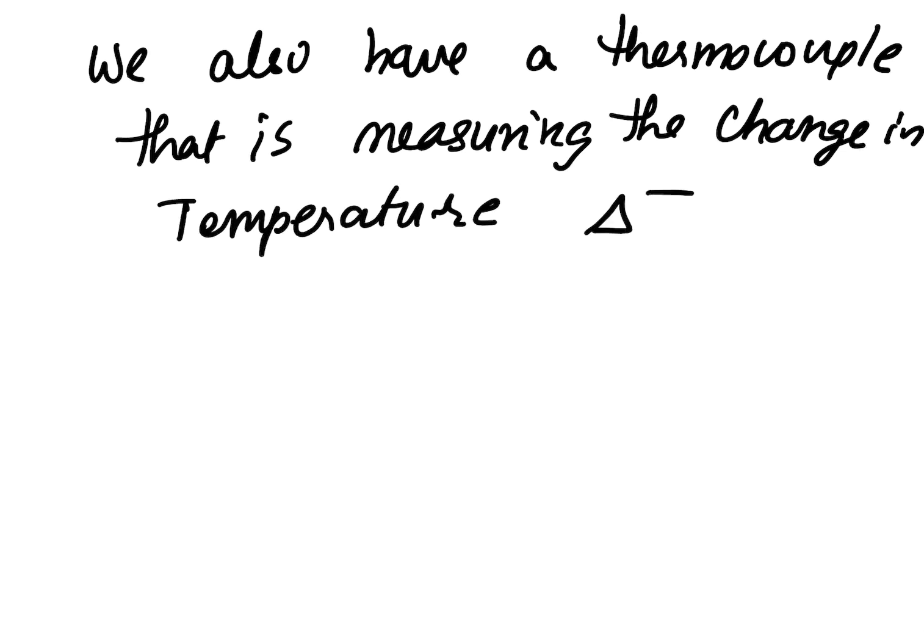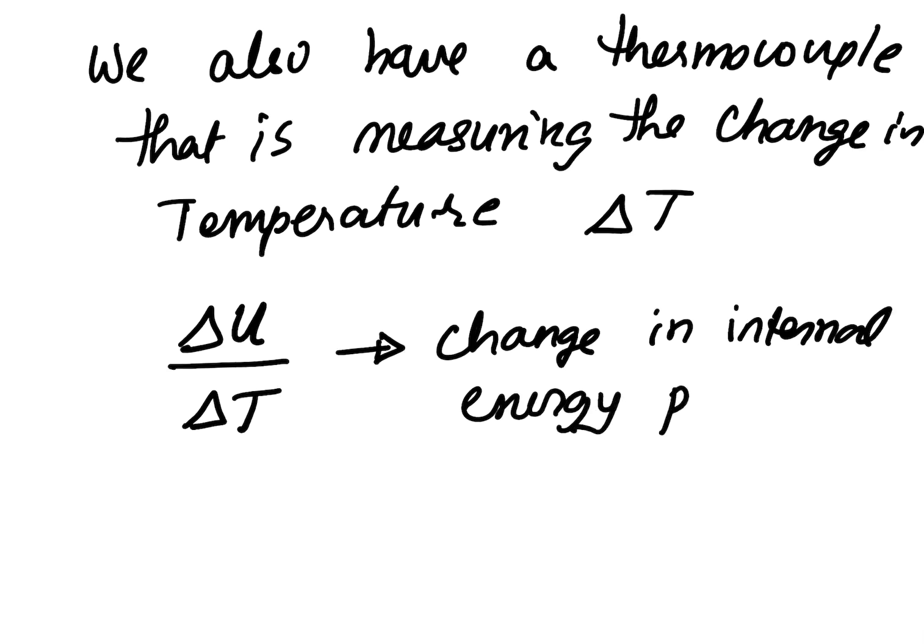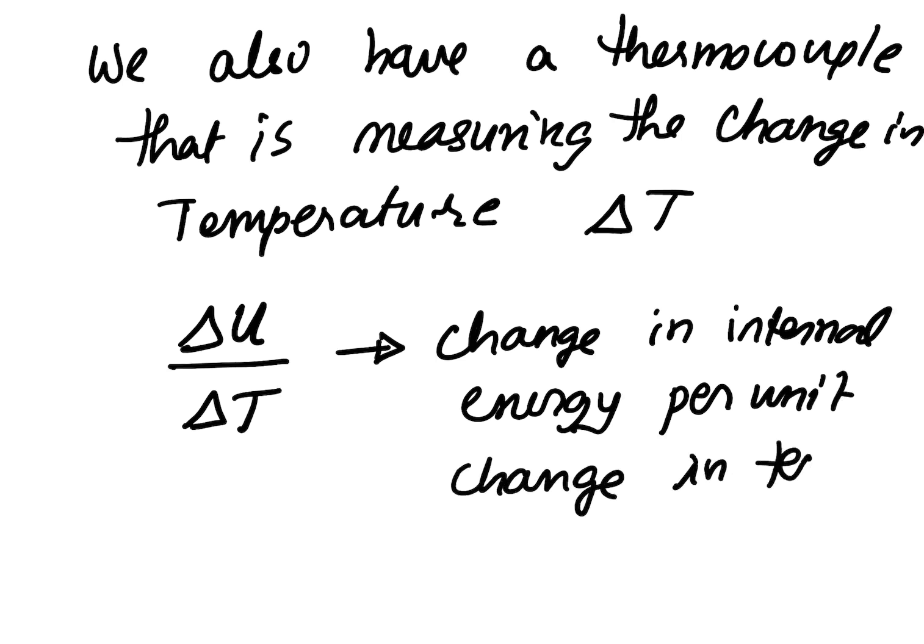Delta T. So let's take this quantity delta U, the change in internal energy, divided by the change in temperature. What is this quantity? This is the change in internal energy per unit change in temperature.